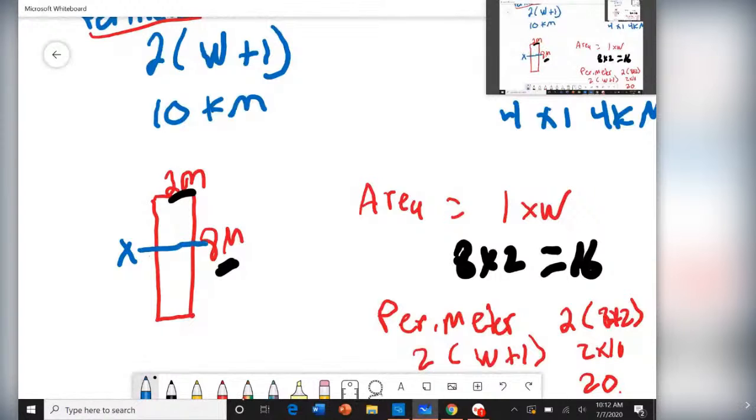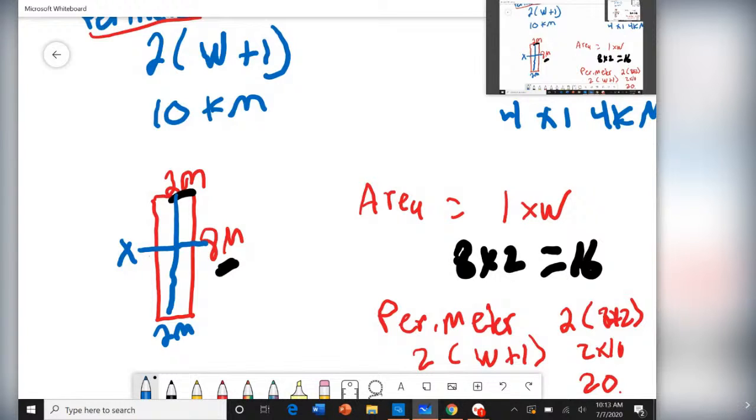And just like the top, the 2 meters, it's going to be the same down here. It's going to be 2 meters because it's the exact same length. So sometimes on a test, it might not give you all four of the sides, but don't freak out. Be like, okay, let me think about this. Especially for a square, all four sides are the same. And a rectangle, two of the sides are the same. The one across from it is exactly the same length.